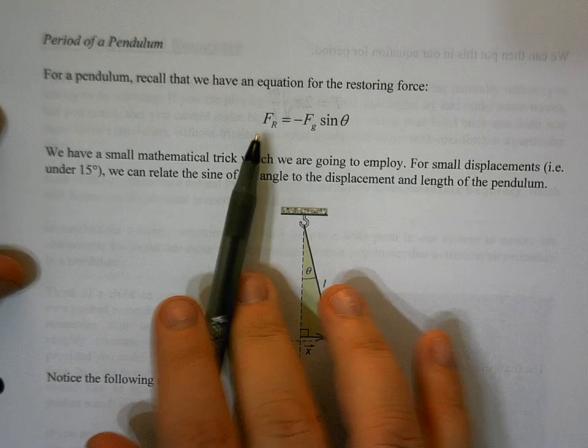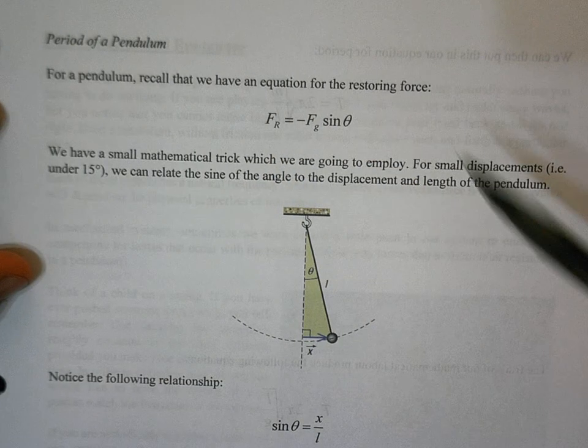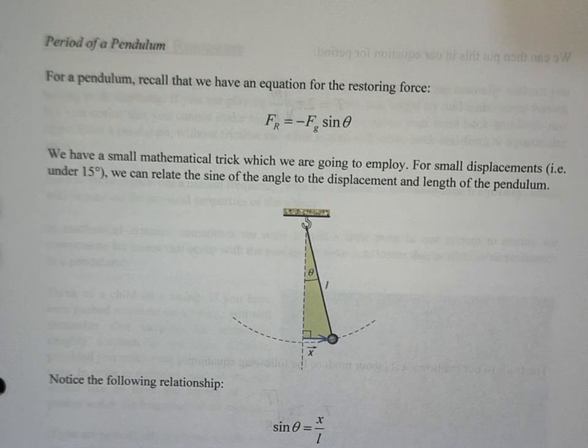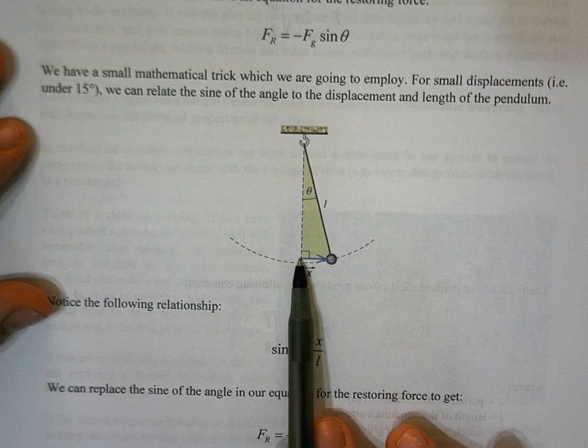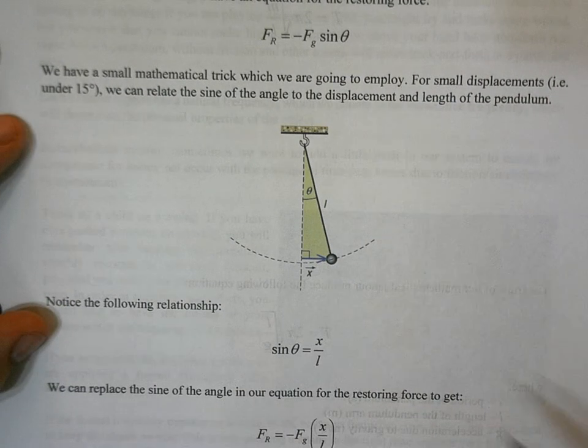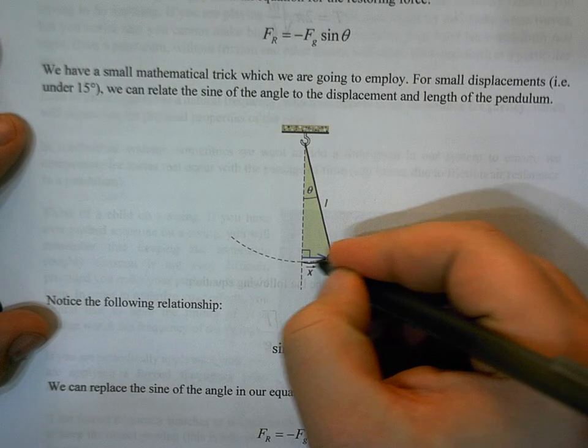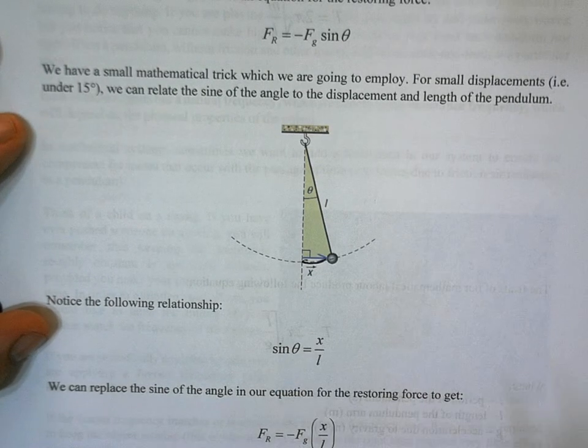So again, recall that the restoring force on a pendulum is going to be this negative Fg times sine of the angle. And we're going to use a little trick. This is also where that whole 15-degree thing comes in. Now, if we have a really small displacement from equilibrium, this is the distance that we've actually displaced, like along this curve here.